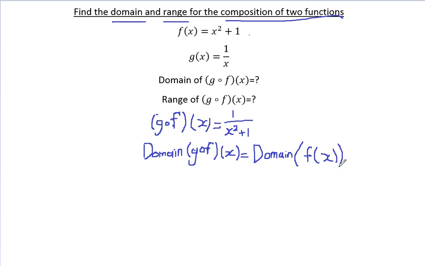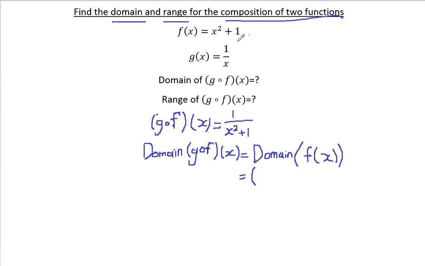For this, we can see that the domain of f(x) is just any real value. Let's think of negative values: when x is negative, there will be a definite value. When x is 0, there is also a definite value, which is 1.